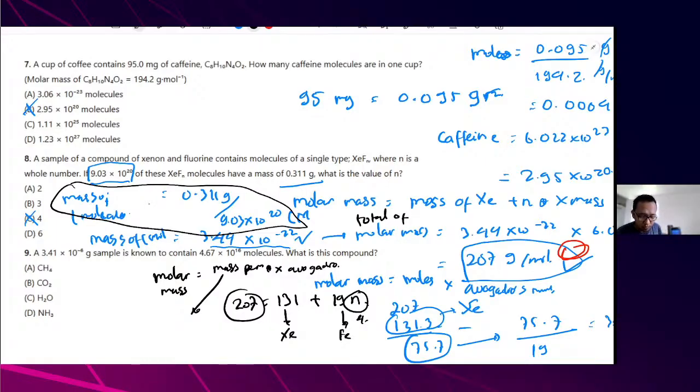After that, we know the total molar mass, and with simple calculation, it's done.